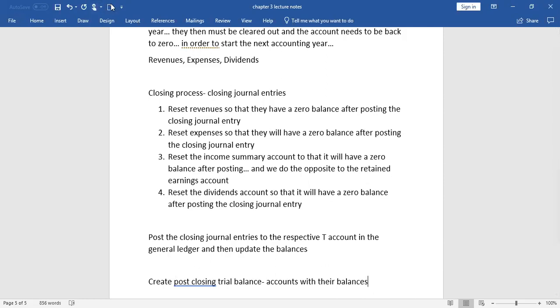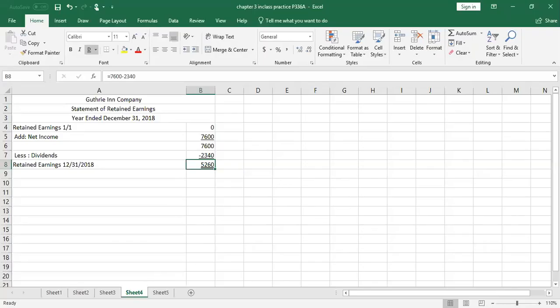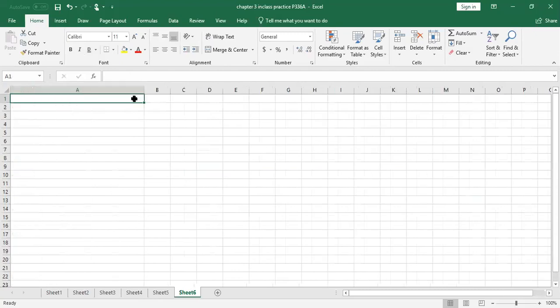So I'm going to come back over to my practice here, and I'm going to create my final trial balance, which is still one long column and two small ones for the numbers.